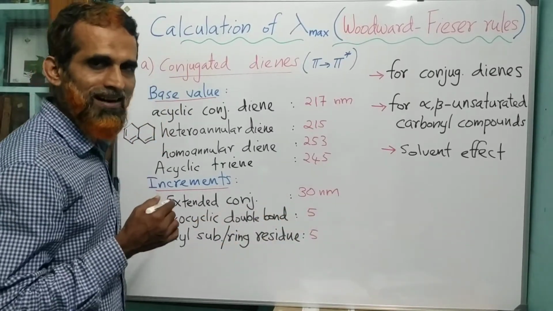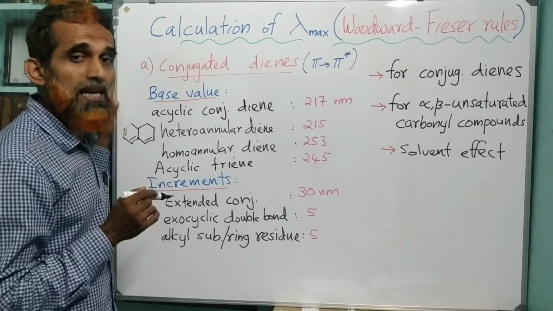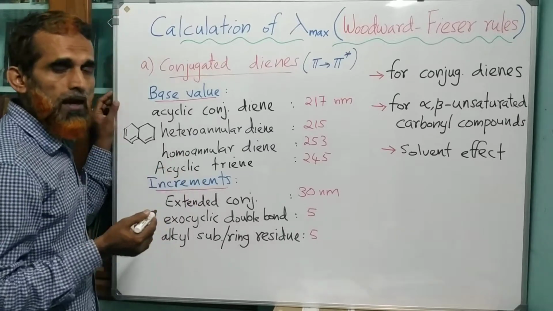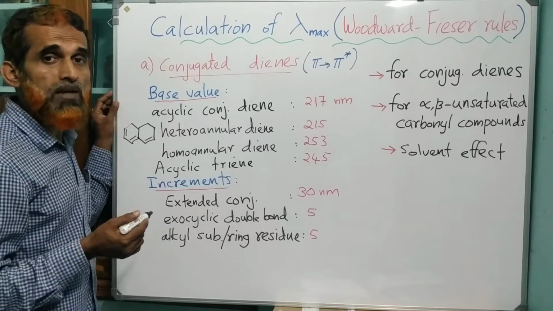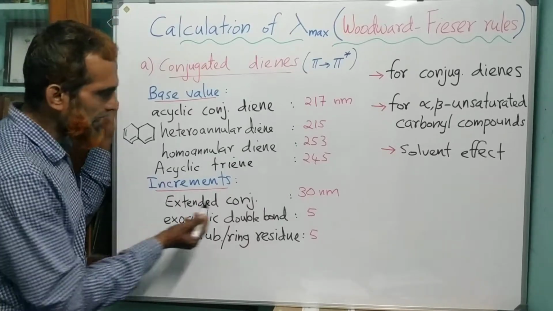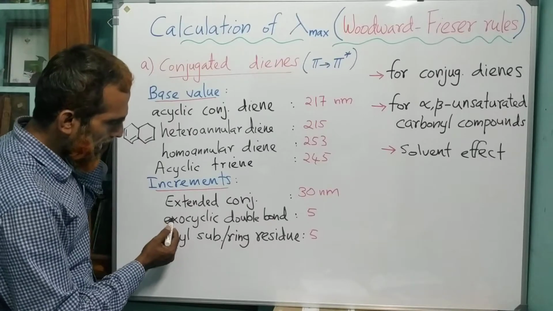Remember in the previous class, for ethylene, pi to pi star transition, lambda max was 167 nanometer or so. And when it is butadiene, it increased to about 200. So generally it increases by 30 nanometer for every double bond.